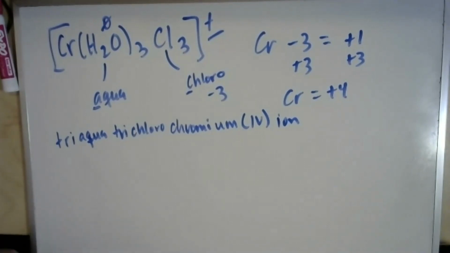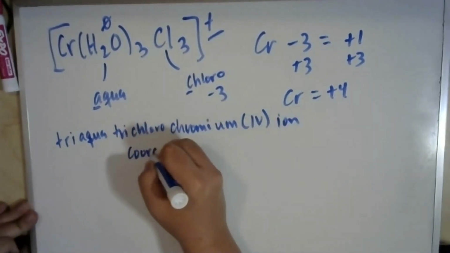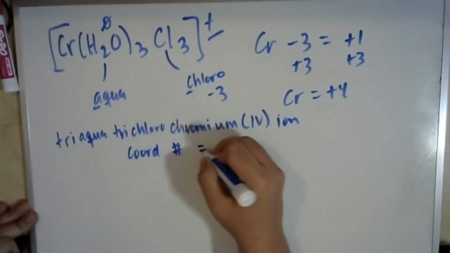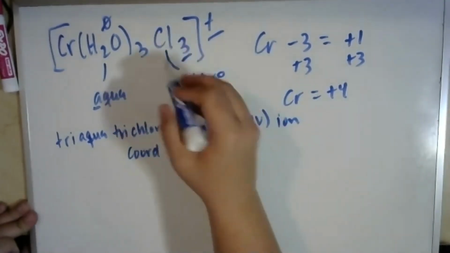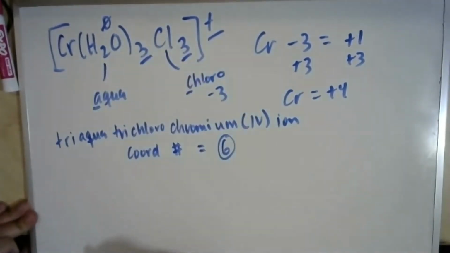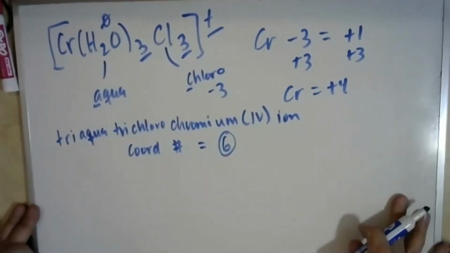We also know that this has a coordination number of 6, because there's 3 chlorines and there's 3 waters, and chlorine and water are both monodentate ligands.